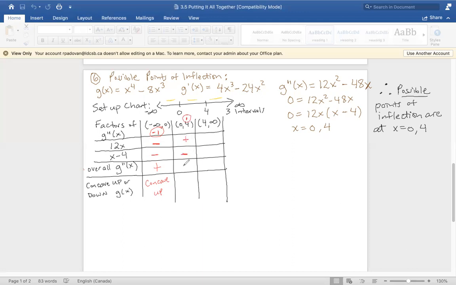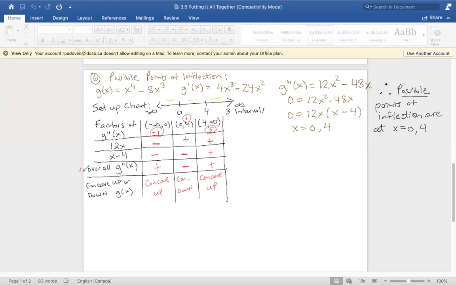So now I have a positive multiplied by a negative is negative, and I'm concave down here. Let's pick a value of 5. That would be positive. 5 minus 4 is still positive. So multiplying those is positive, and again, I'm concave back up. So I'm going up, down, and up.